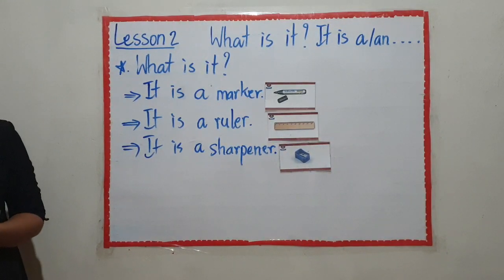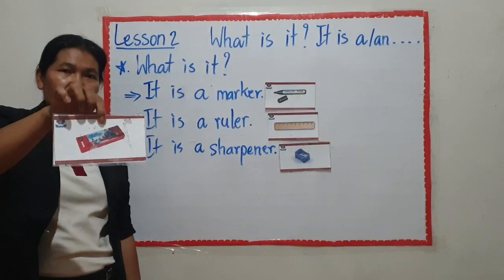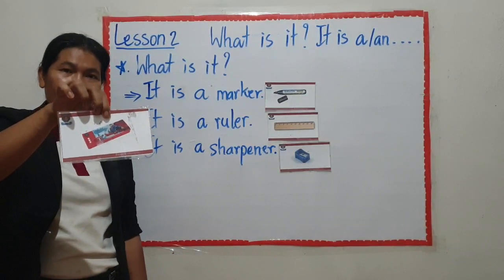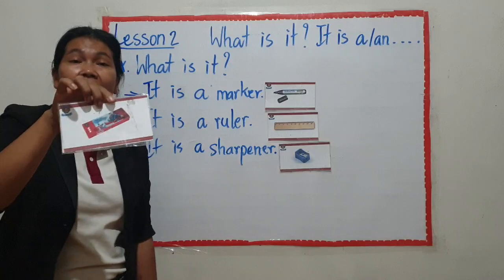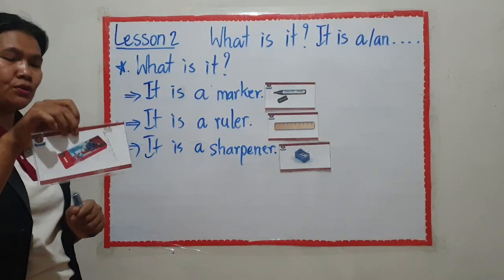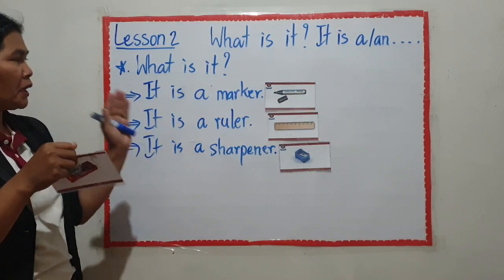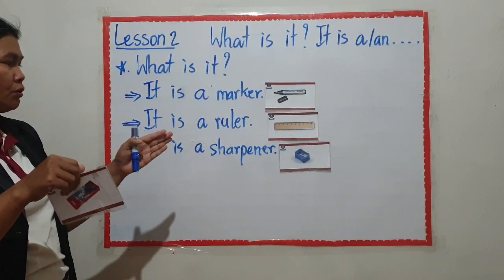Okay. Thank you. So now next, one more, everyone. Look at teacher's hands. Teacher has one more picture. What is it? We use this one to put things in, to bring to school, because we have to use that one for pen, pencil, marker, ruler, sharpener.